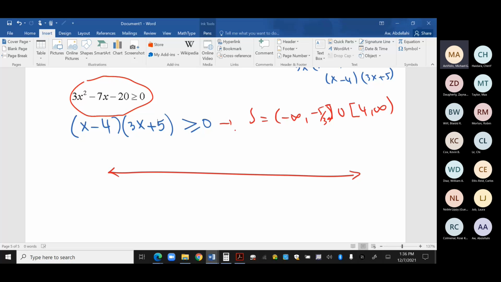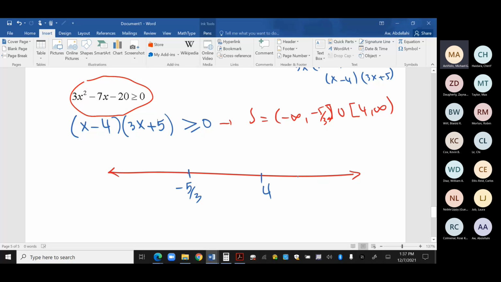All right? So, and the work is very simple. I put the zeros. What are the 2 zeros? They are negative 5/3 and 4, right? And then I just test numbers. You see, I test numbers to see when my stuff is positive and my stuff is negative. I just test numbers. There is nothing more, nothing less.